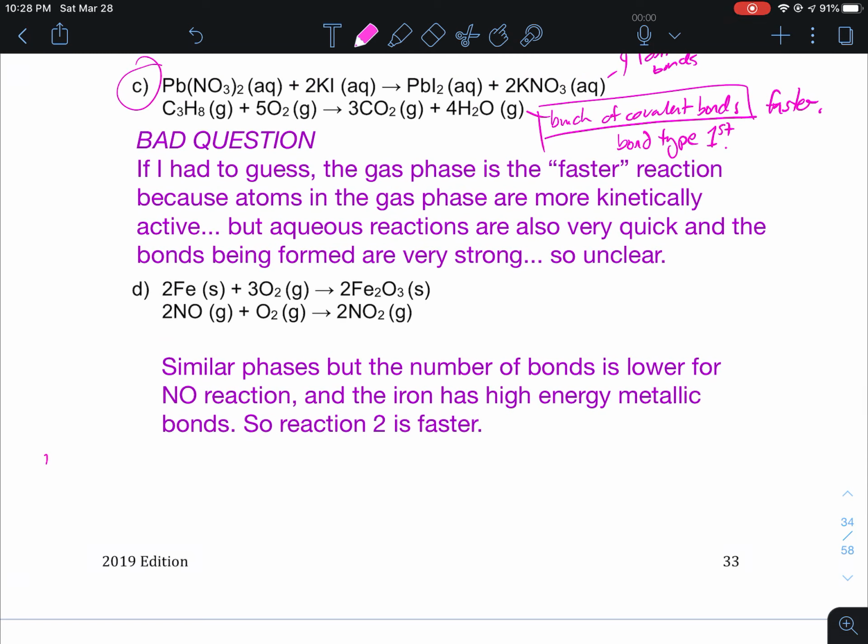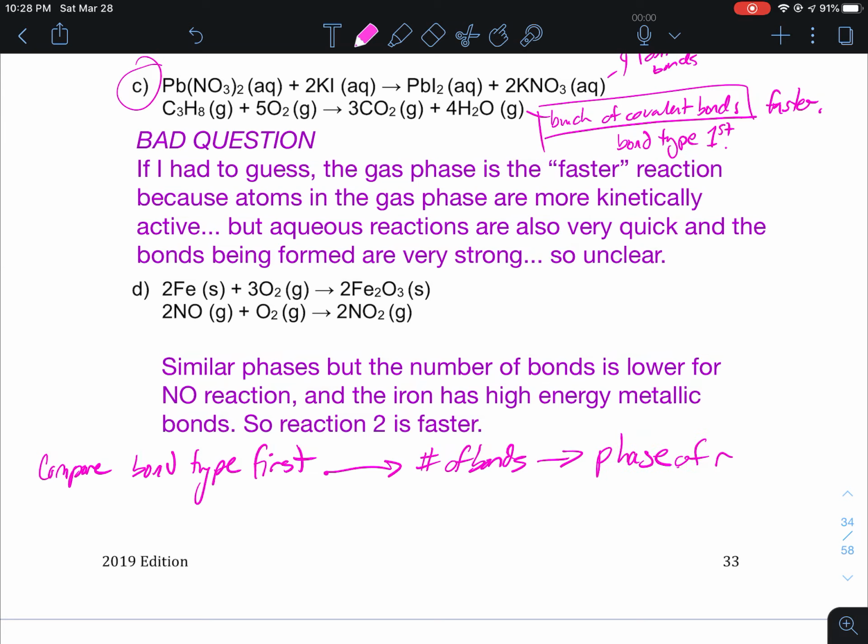Based on our notes, we want to compare bond type first. Then, if they are the same, then number of bonds. And then, if you have to keep going, then compare phase of reactants.